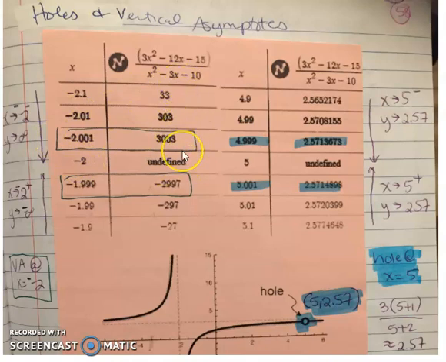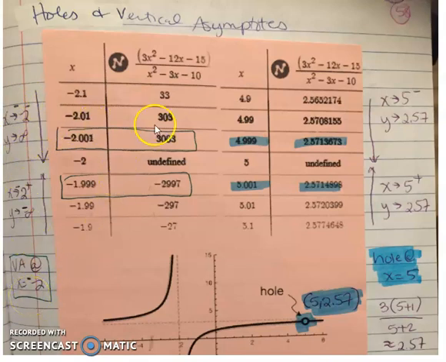Y is actually getting closer and closer to infinity. And that would be true if I plugged in, for example, -2.0001. So the way that I write that is that as x approaches -2 from the left, y approaches infinity. And this is how I would know that there's a vertical asymptote at x equals -2 by looking at a table.